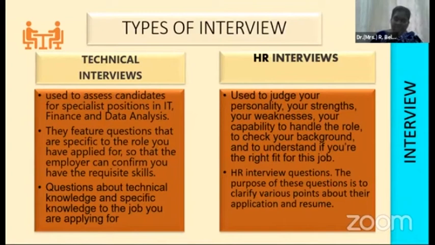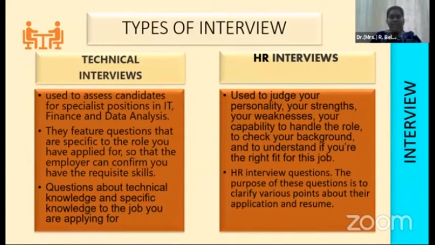They will tell you, do this sum, how will you find this value. Or when an IT company like CTS comes for IT positions, they will ask what is this language, what best language can be used for this. I'm talking about IT languages, software and all that. So the third point, questions about technical knowledge and specific knowledge related to the job you are applying for.